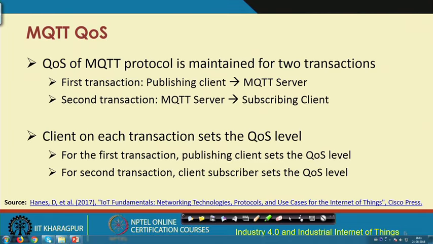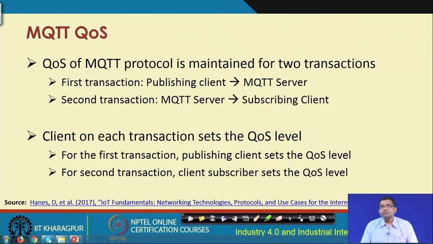We need to talk about QoS now, because without QoS we cannot think of IoT. IoT is about services, so quality of service is very important. For QoS of the MQTT protocol, there are different transactions that have to be taken into consideration. The first transaction is between the publishing client and the MQTT server, and the second transaction is between the MQTT server and the subscribing client.